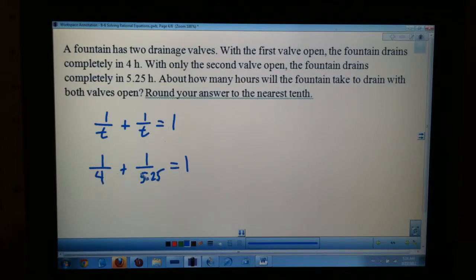And then we need to clean this up, and I could multiply by 4 and 5.25, and that would give me 5.25 plus 4 equals 4 times 5.25 is 21. Actually, these are supposed to be times x here, sorry.